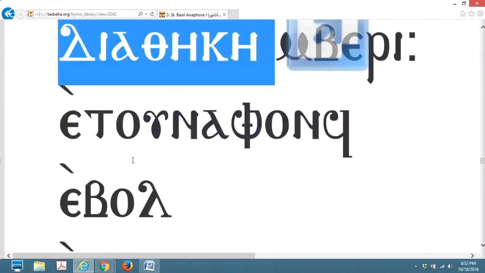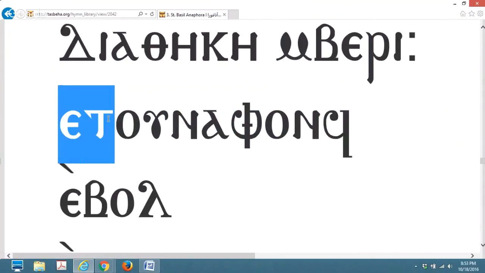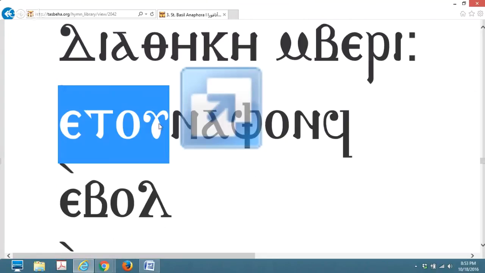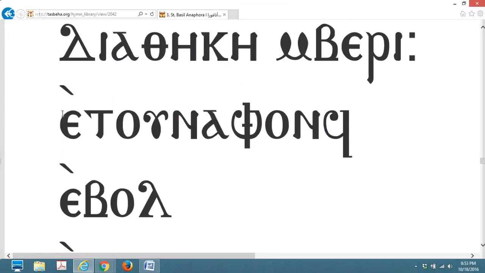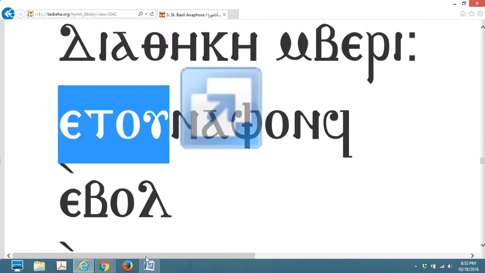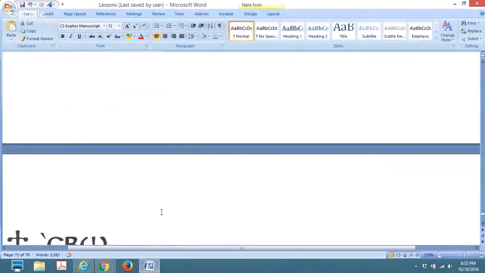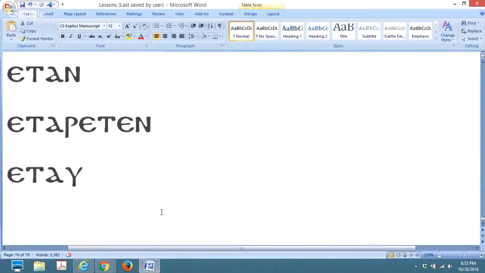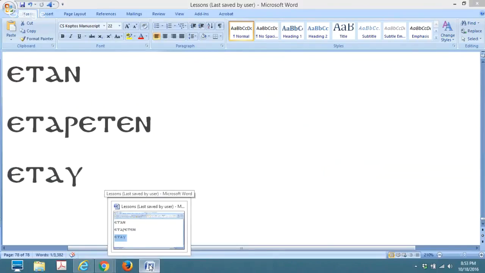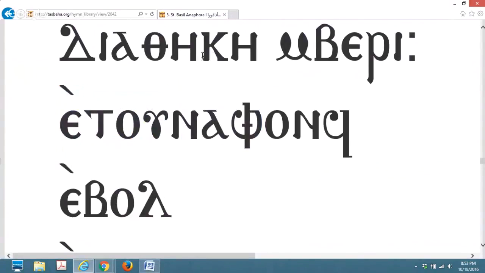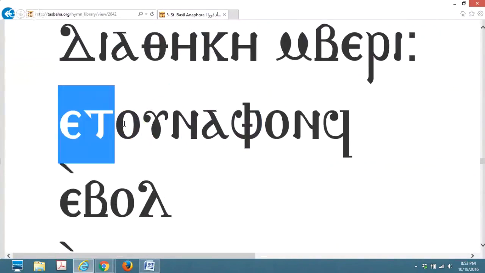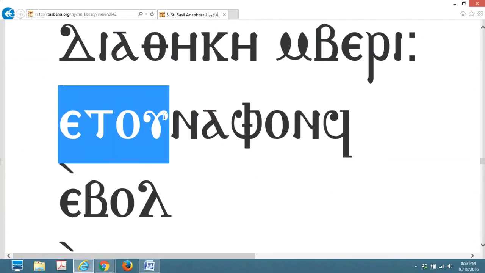So which ti diatheke and veri? The diatheke and veri, that which. So this is not the temporal. Remember, we just went through the temporal down here somewhere. But it's the relative of the present tense. So the new covenant, which, this is the etu, the third person plural.